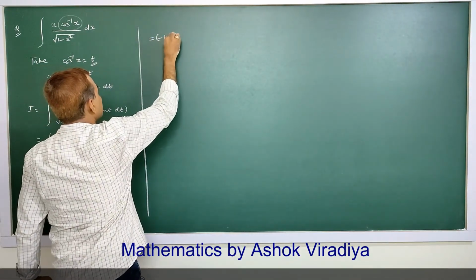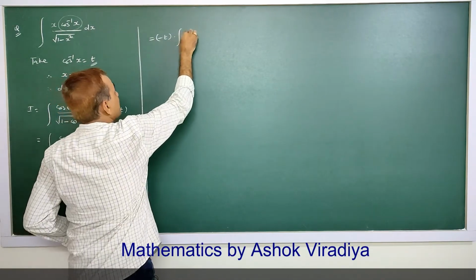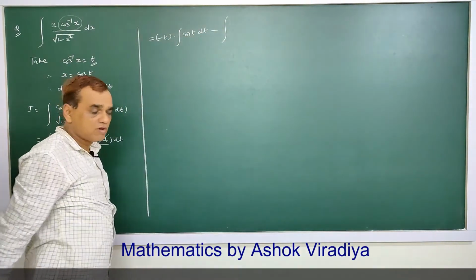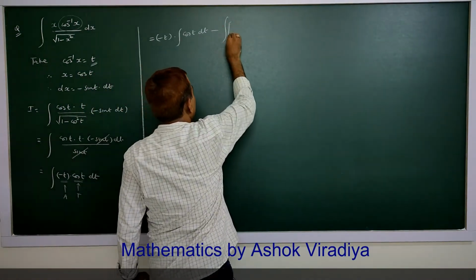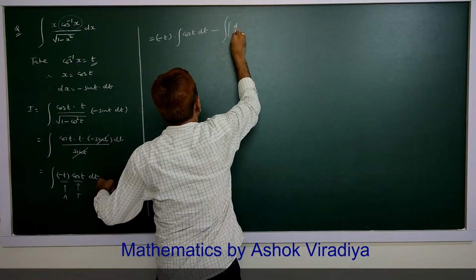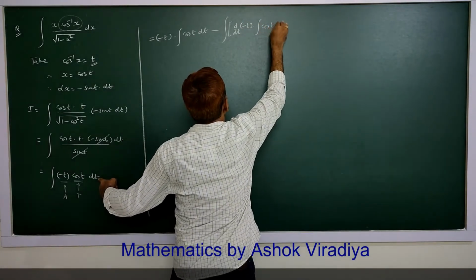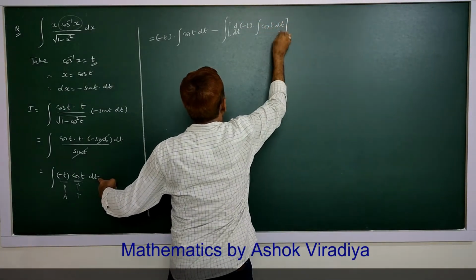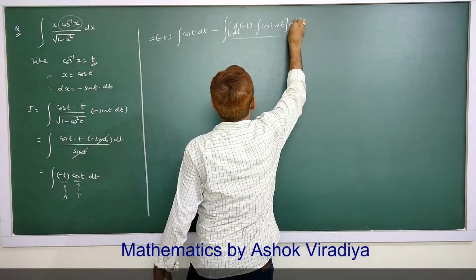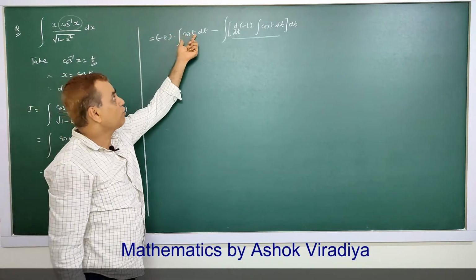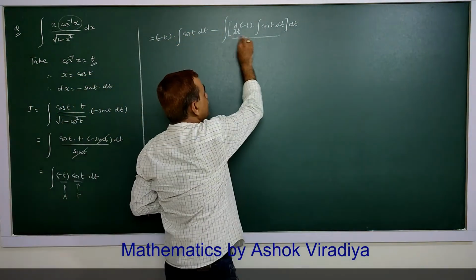u as it is, integral of v, minus integral of box. In the box, derivative of u, integral of v, close box, and integral of this box. U into integral of v minus integral of box.